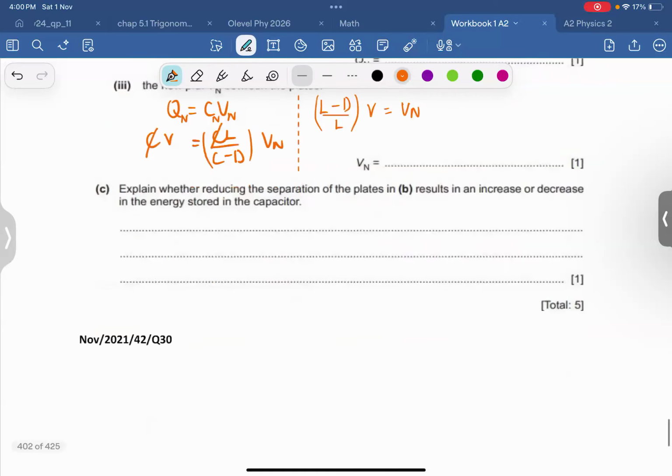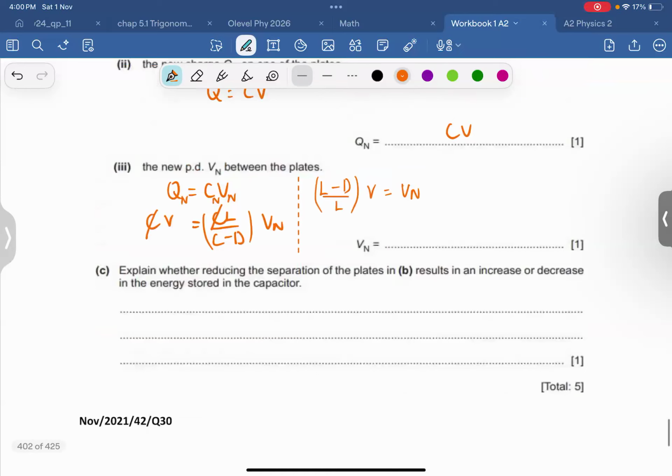Now the last part says explain whether reducing the separation of the plates results in an increase or decrease in the energy. We know that if you move in the direction of the field, you lose energy, and if you move against the direction of the field, you store energy.